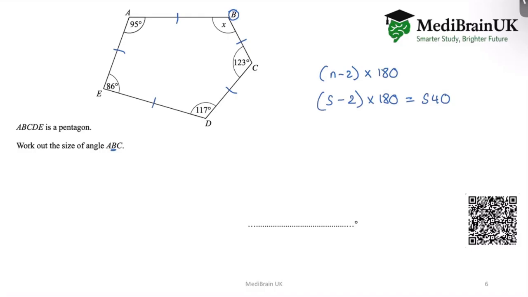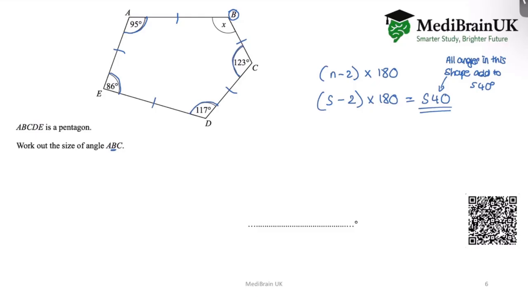What this tells you is that all the angles in this shape add up to 540 degrees. That's what it says over here. Now we know that this angle is 95, this angle is 86, this angle is 117, this angle is 123.